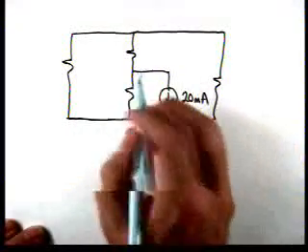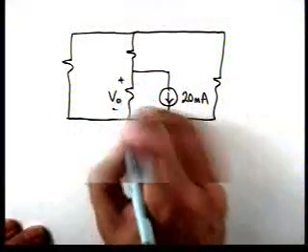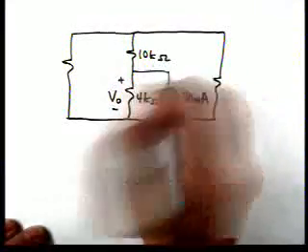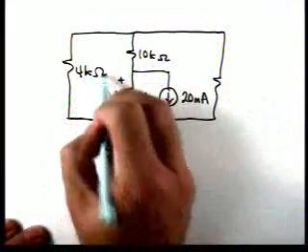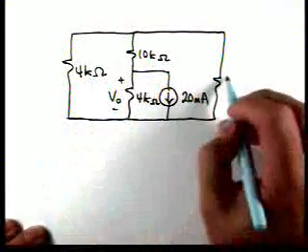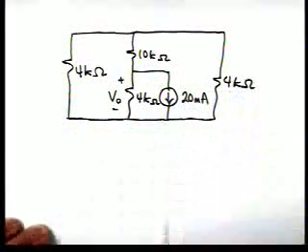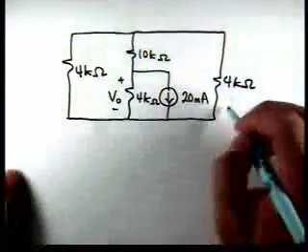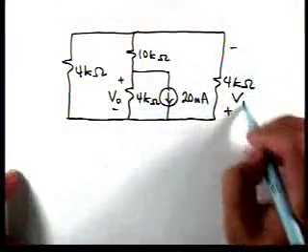Okay, so the voltage V0 still appears here. A 6K and a 12K in parallel is equivalent to a 4 kiloohm. Now the voltage V1, if we look at this circuit, is across this resistor.